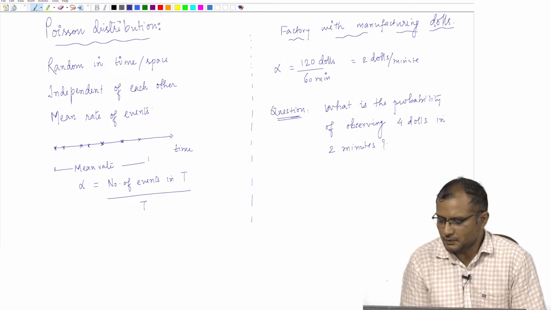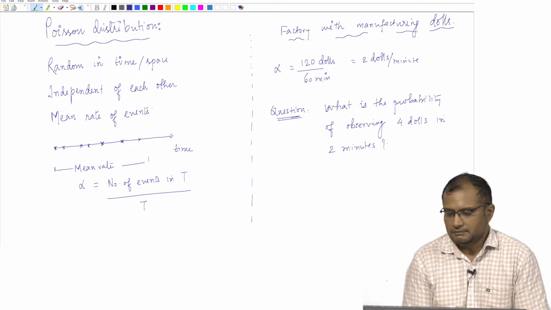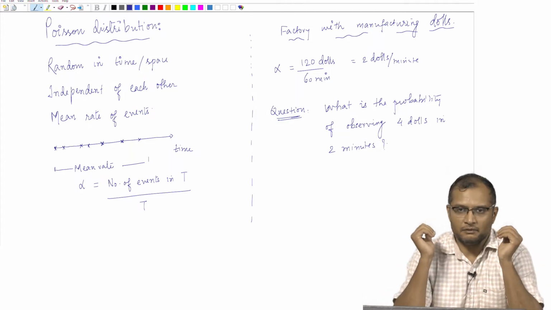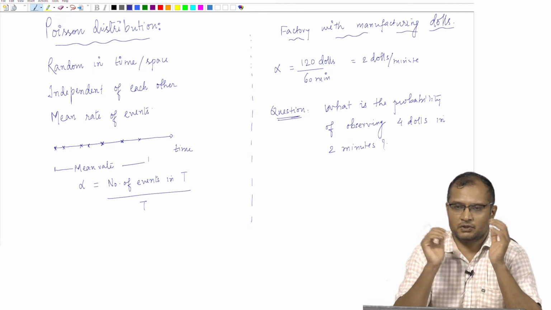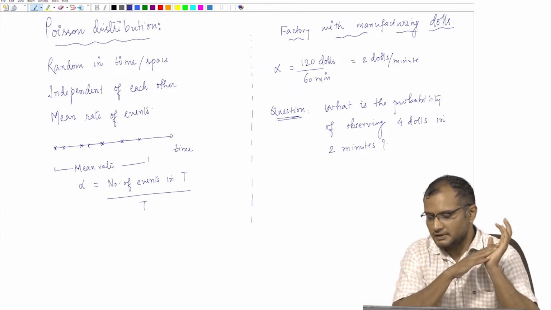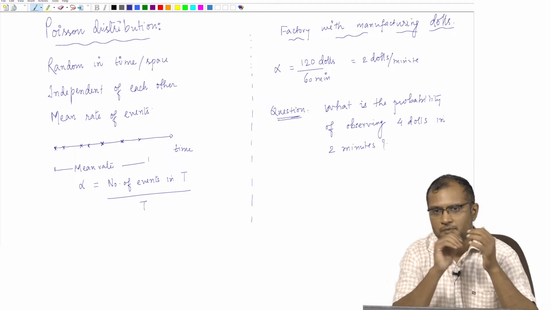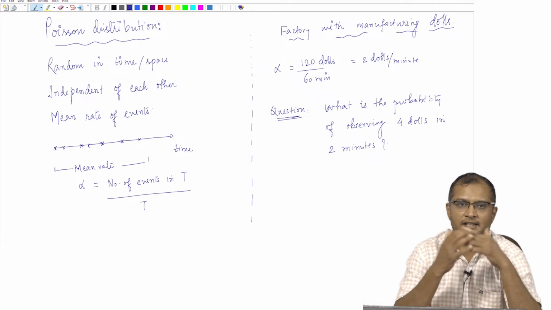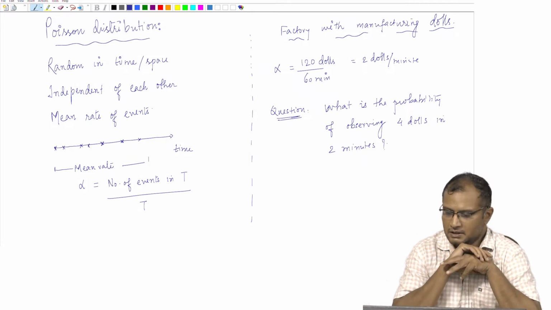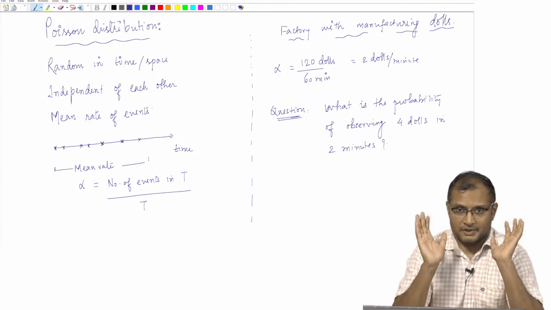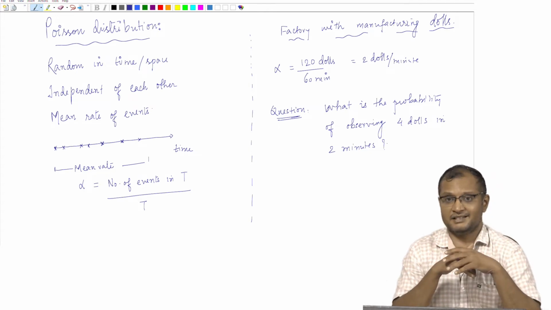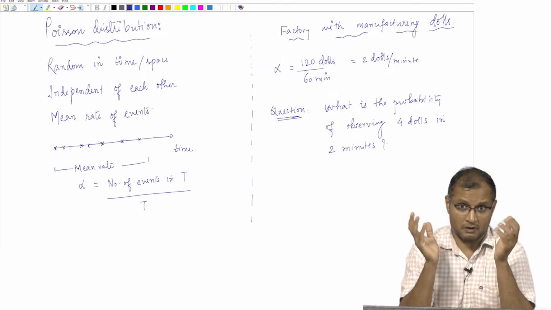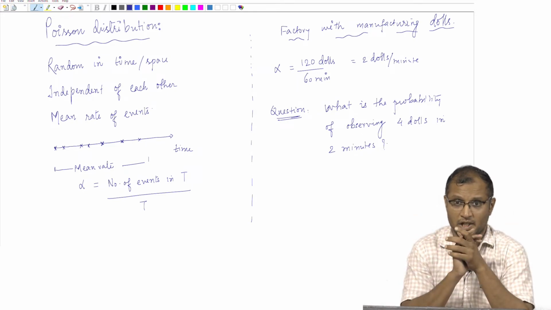By this question, I mean that, objectively, if you collect 30 volunteers, who could be your friends, and ask them to go to this factory at random times and stay there for 2 minutes and count the number of dolls they see coming out of the conveyor belt, most of them will say they observed 4 dolls, because the average rate is 2 dolls per minute, and 2 times 2 is 4.